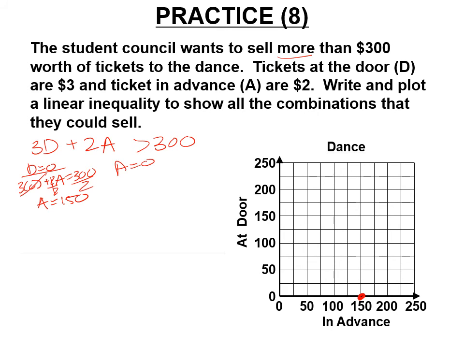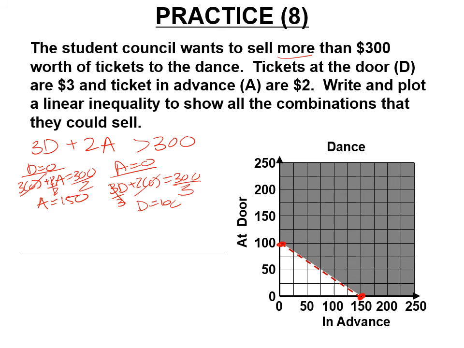If they sell no advance tickets, they're going to have to sell fewer tickets at the door because they're more expensive. So you're going to sell 100 tickets at the door. We're going to connect those two. And it's greater than or equal to, so we're going to shade. They want to get more than $300 out of this dance, right?